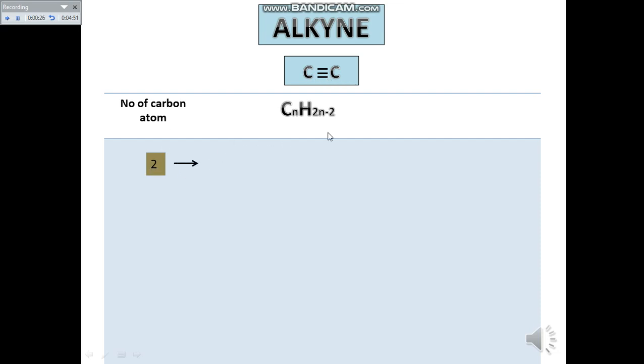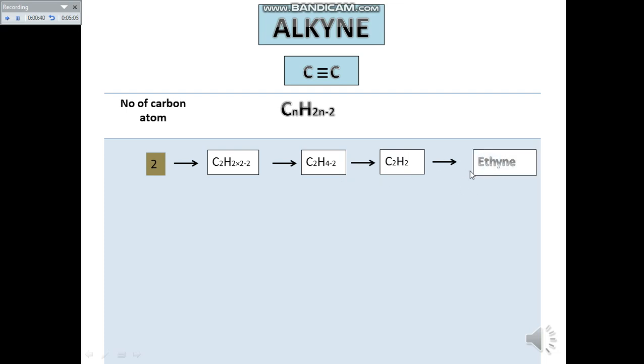Apply n equals 2, we get C2 H(2 into 2 minus 2), that is 4 minus 2, C2H2. This compound is called ethyne: the prefix is eth and the suffix is yne.